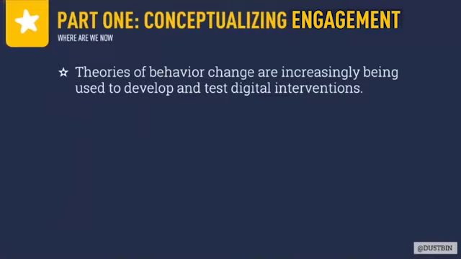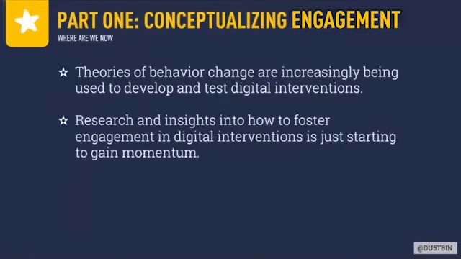When we think about where we are now with engagement and digital interventions, there's some good news. Theories of change are increasingly being used to develop and test those interventions. This was not quite so prevalent even, say, 3 to 5 years ago. Much more common now, and this is a good thing. Research and insights into how to foster engagement is really just now starting to gain momentum.